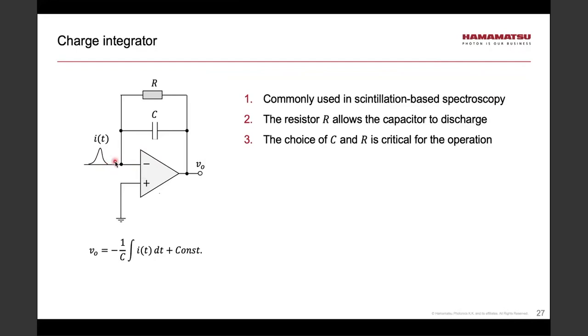This circuit integrates the current pulse, producing an output voltage that is related to the input current pulse by the integral shown below. The purpose of this resistor is to allow the capacitor to discharge once integration has been performed.